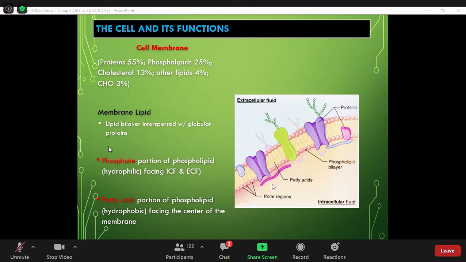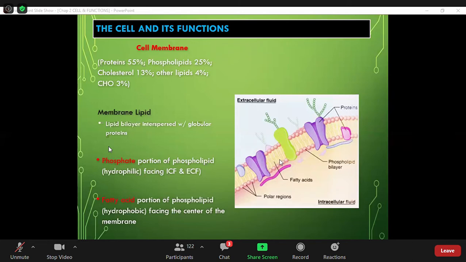They are polar regions. And so what will it do? Because it will protect the cell, okay? So there is a fatty portion of the phospholipid at the center, which is hydrophilic.